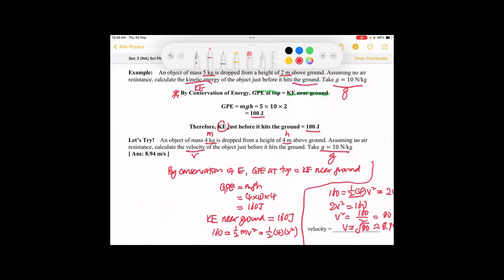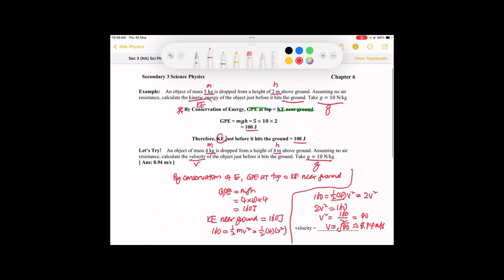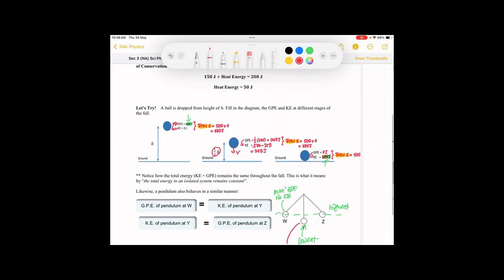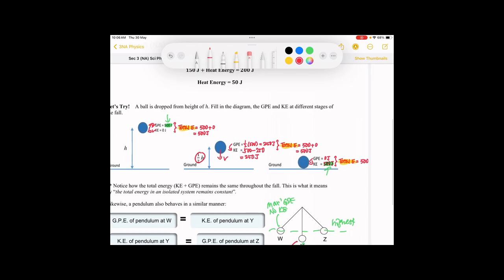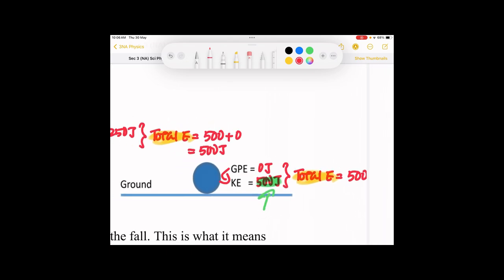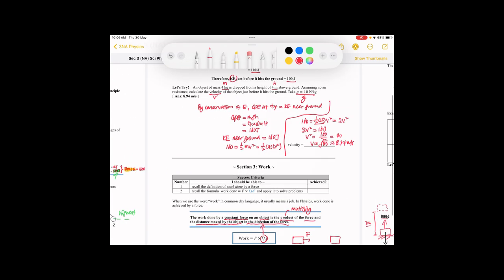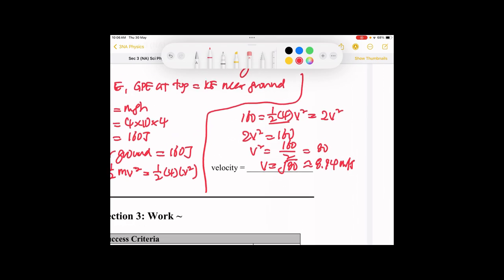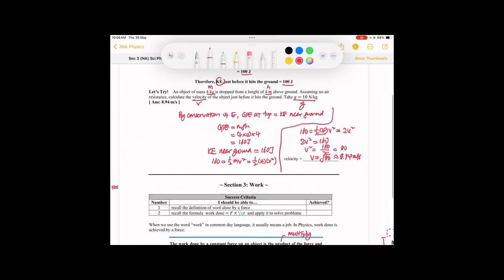We see how it played out in the question when we talk about a simple case of an object being dropped from a height. We can then calculate the amount of kinetic energy at the bottom. With that, we can also calculate the speed of the object just before it hits the ground.